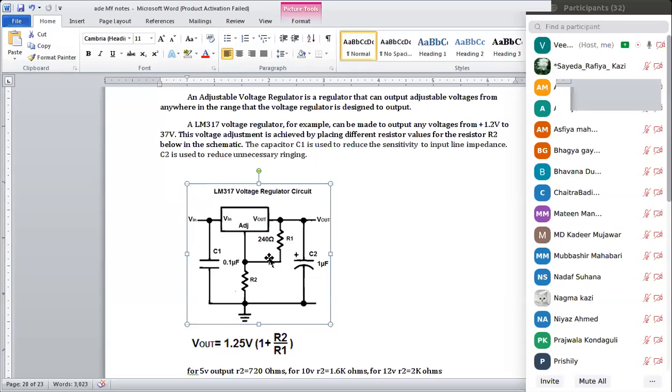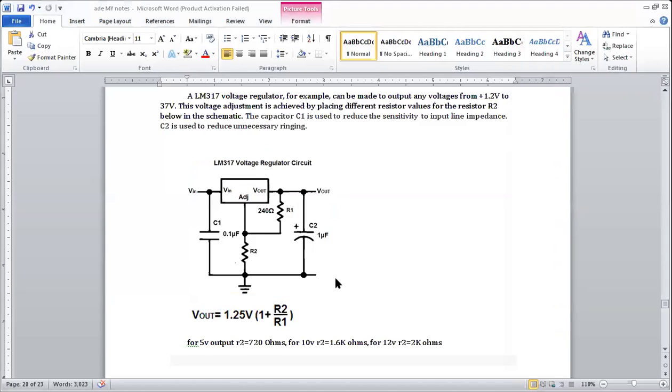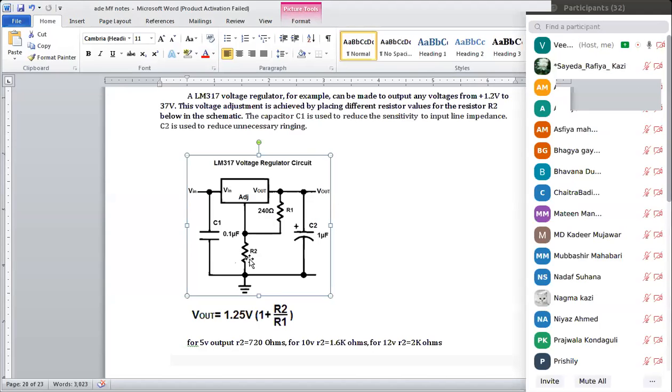R1 is fixed at 240 ohms, whereas C1 and C2 are 0.1. Two capacitors are there.